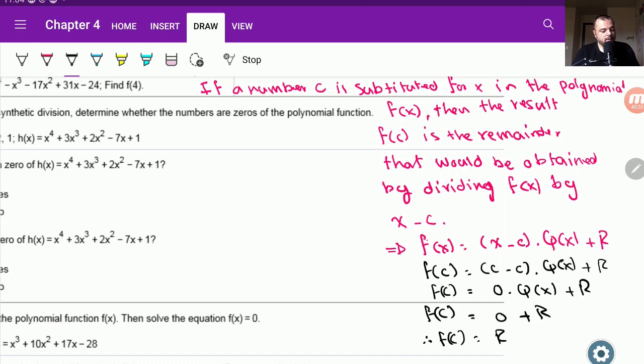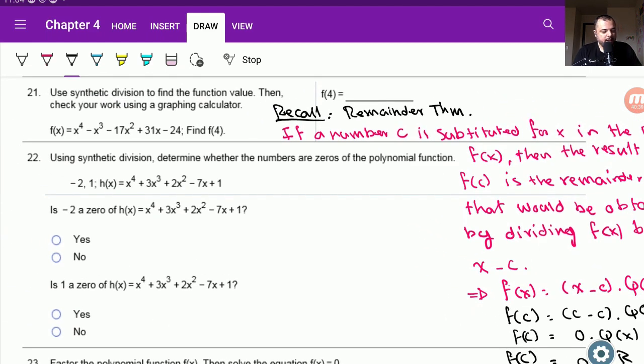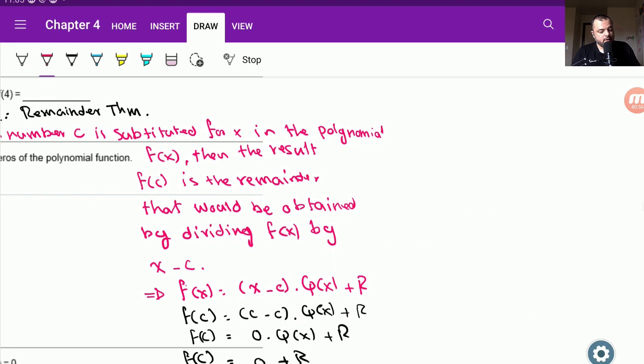Okay? So now we know what we are going to do, because the question says find f of C, which is 4 now. C is 4 in this case. So now we need to divide this function over the factor x minus 4, by using the synthetic division or the long division.